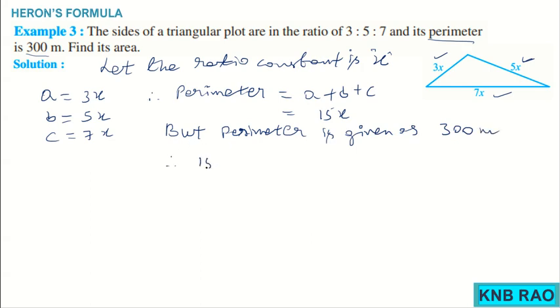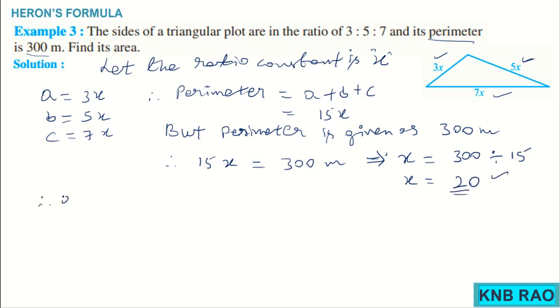Therefore I will equate this 15x to that 300 meter. By solving this simple equation, 15 into x equal to 300, the 15 which is multiplying x goes to the other side and does the division. So 300 divided by 15 gives the value of that ratio constant. Now it is 20.